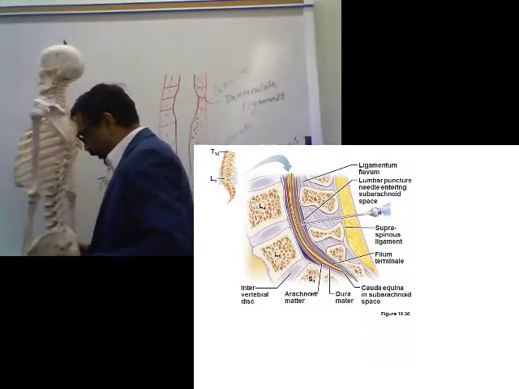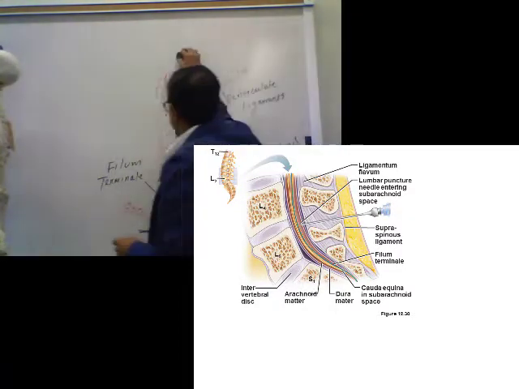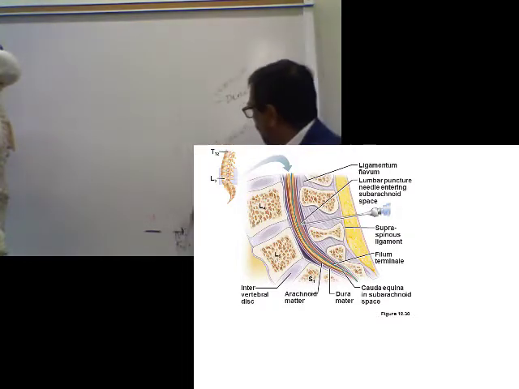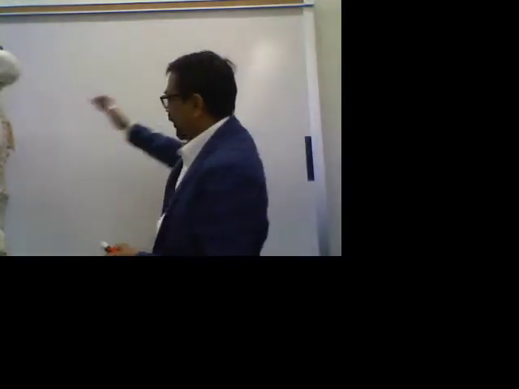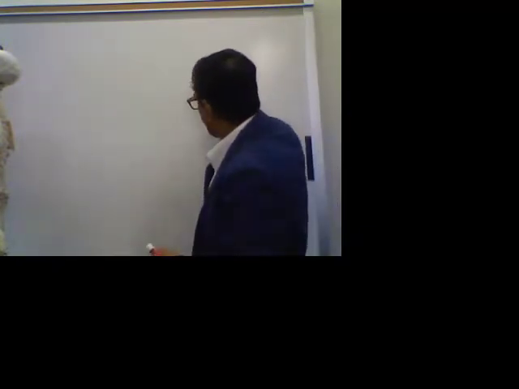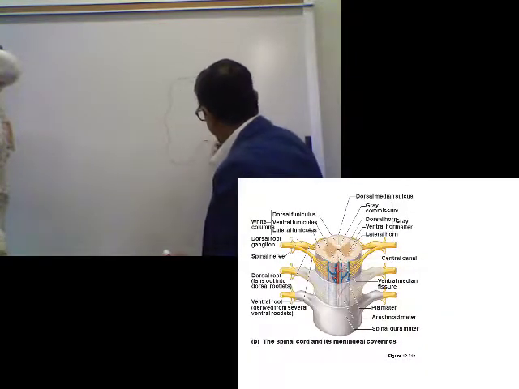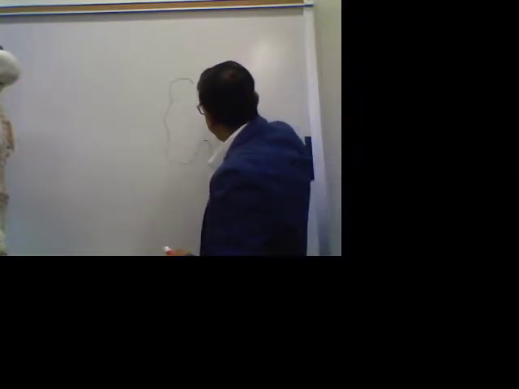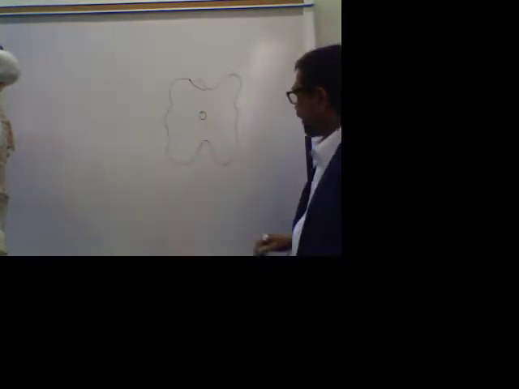Formation of the spinal nerve. We know that 31 pairs of spinal nerves arise from the spinal cord. If you want to see how a spinal nerve is formed, make a cross section of the spinal cord like this, cut like this, and look at it. This is the cross section. This is the central canal.